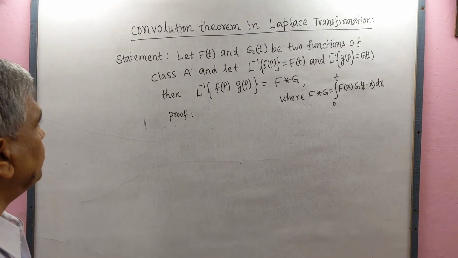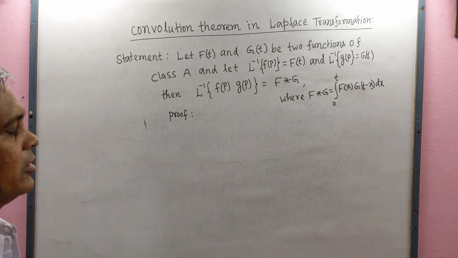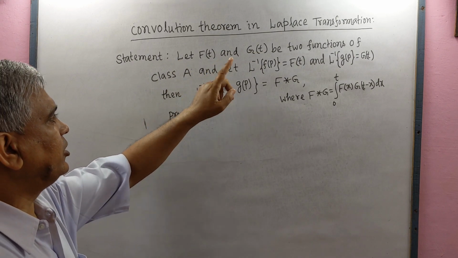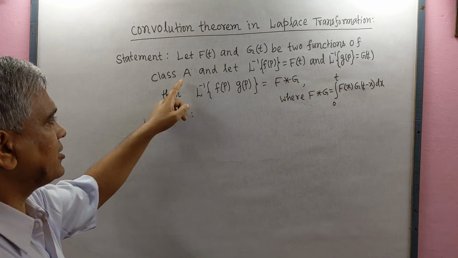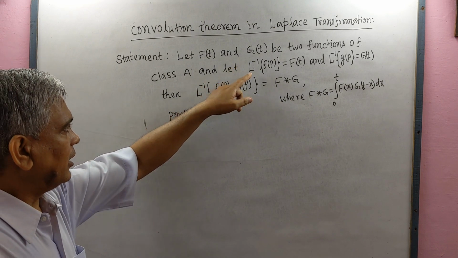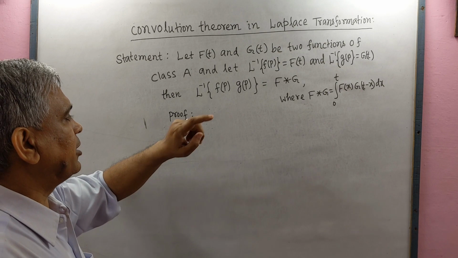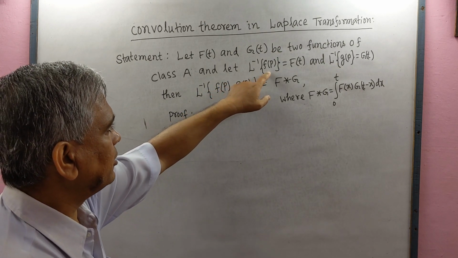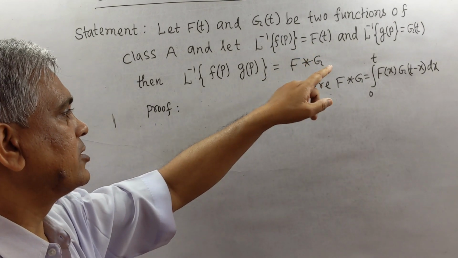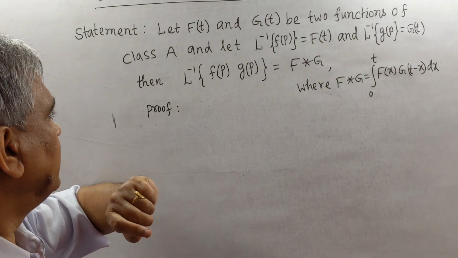Now we shall prove the convolution theorem in Laplace transformation. Statement: Let f(t) and g(t) be two functions of class A, and let L inverse f(p), means inverse Laplace transformation of f(p), is F(t), and L inverse g(p) equal to G(t).